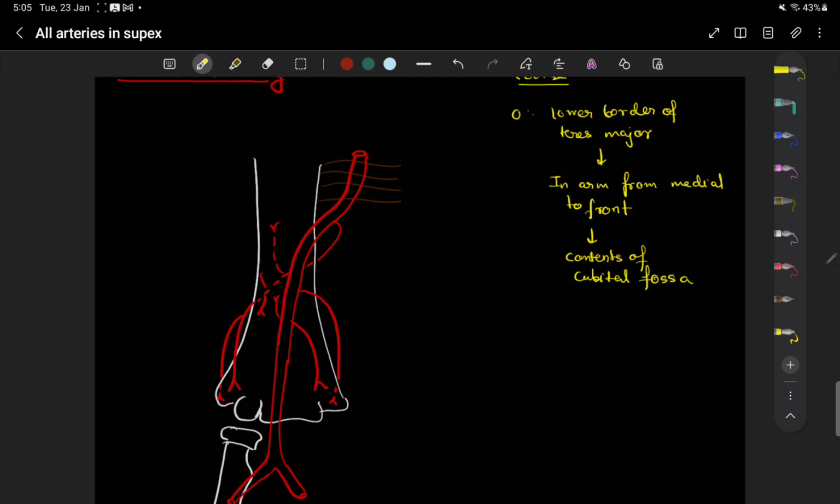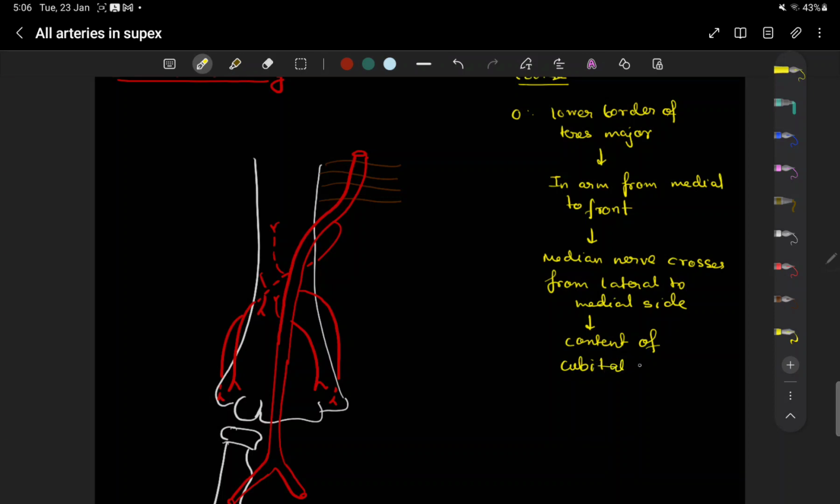Also, whenever it is passing in the arm, the median nerve crosses from the lateral to the medial side. So it becomes a content of the cubital fossa.